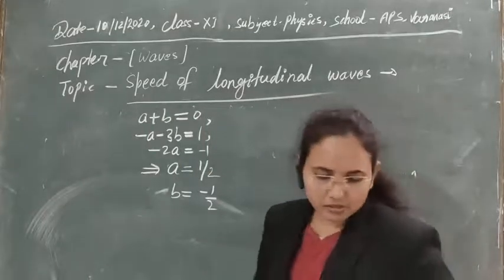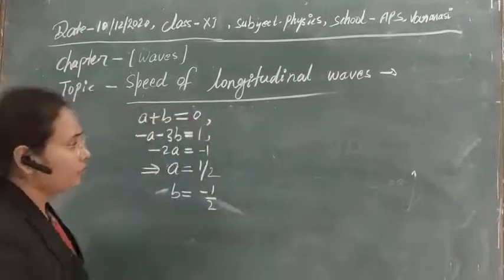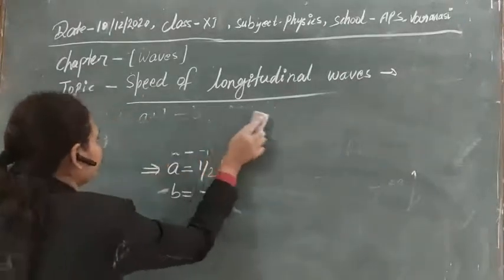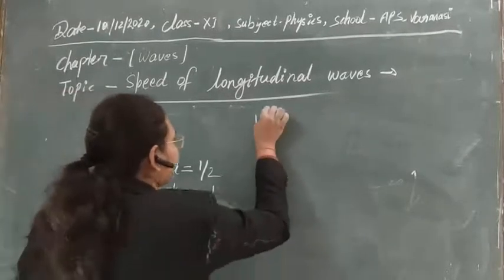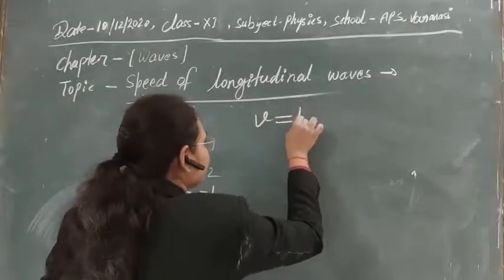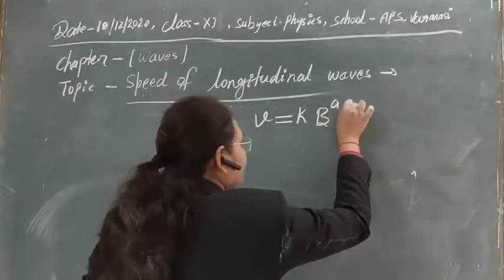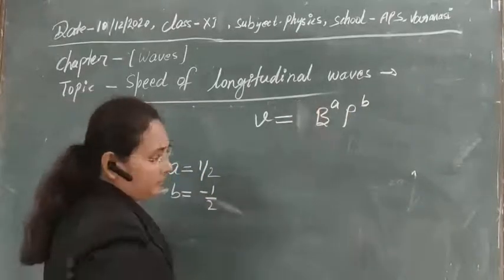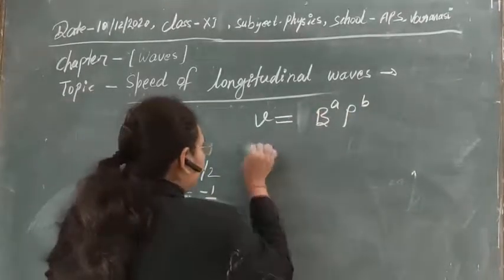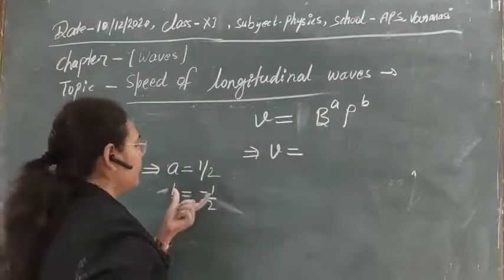After the solution, you can understand easily what the values are. Let's put those values in the formula of v. So we have v equal to some k, B^a and rho^b.